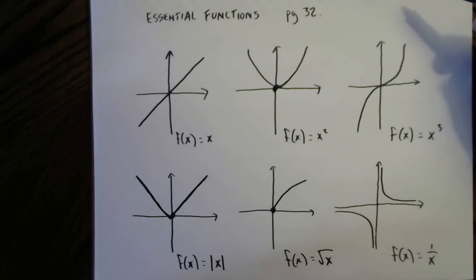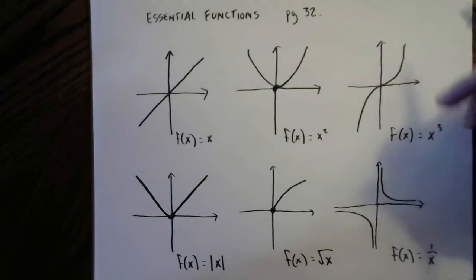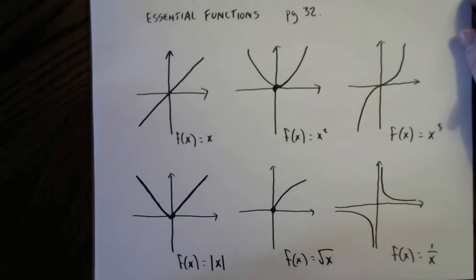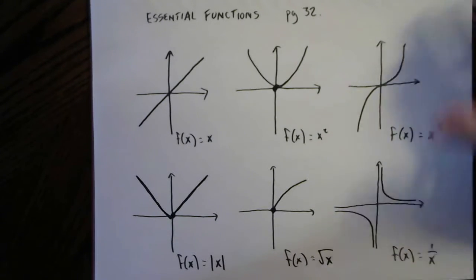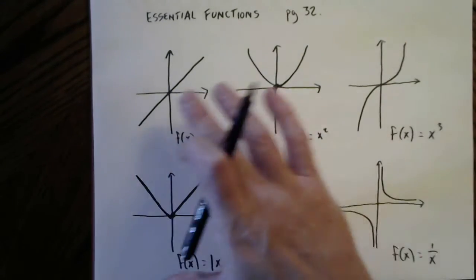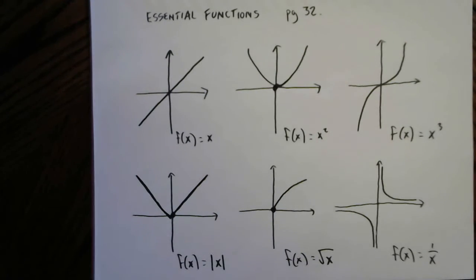That's a good point. But later we're going to learn how to make modifications to these, called transformations. Then we'll have a working knowledge of what many different functions look like. So we had to start here with the vanilla versions, the no bells or whistles, so we can move on to do that.